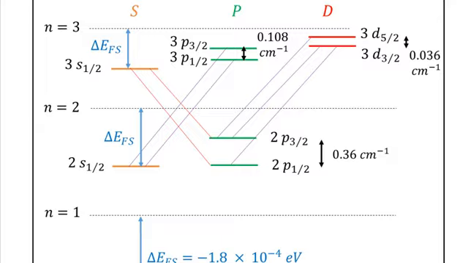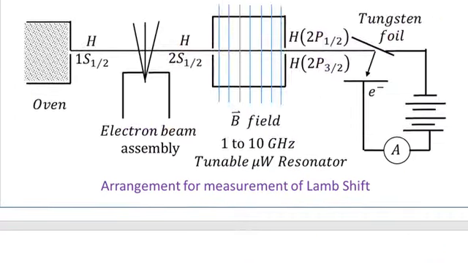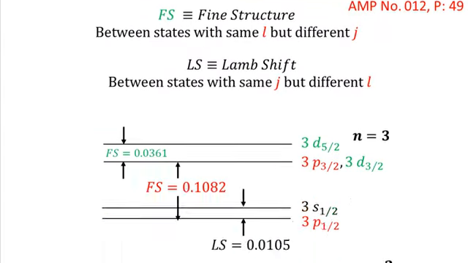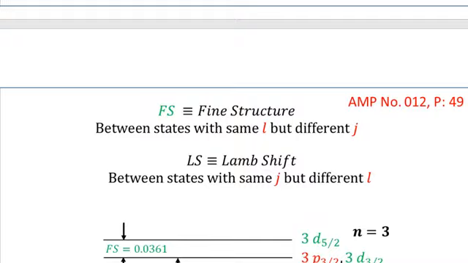This is fine structure. If you have different J's, the values of the energy terms will be different, and the different energy terms will be due to the fine structure.